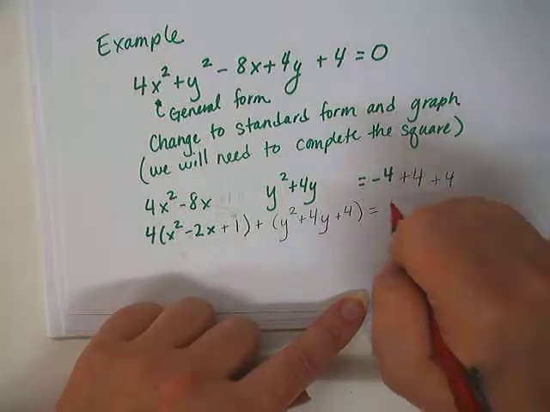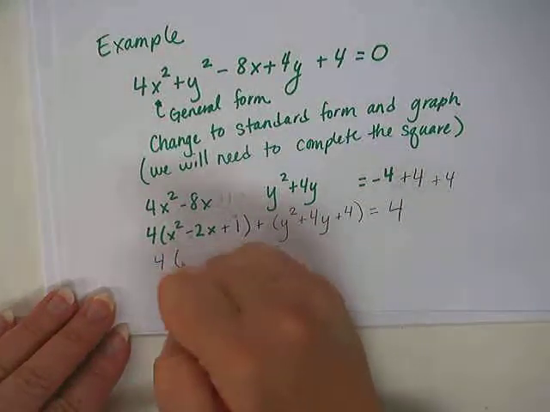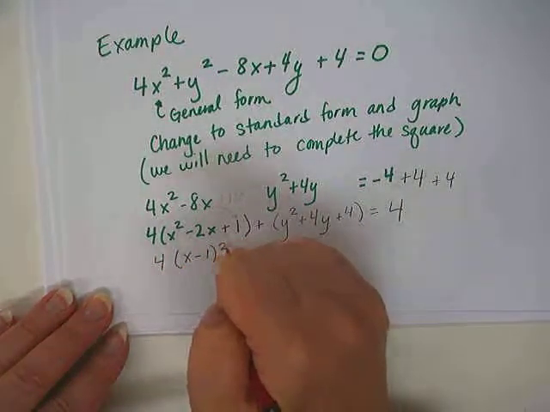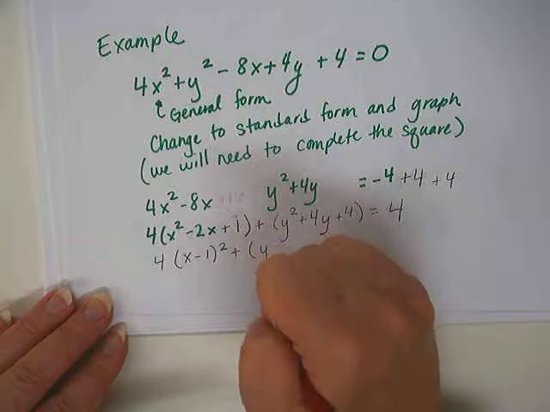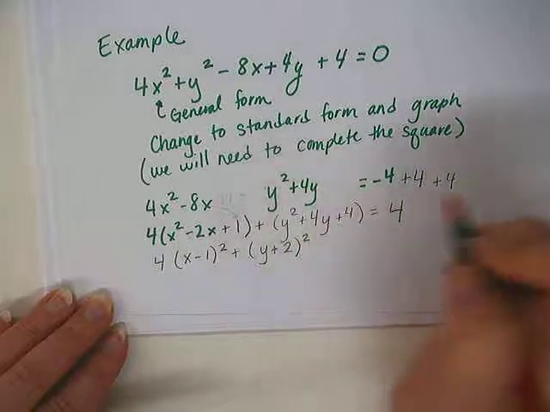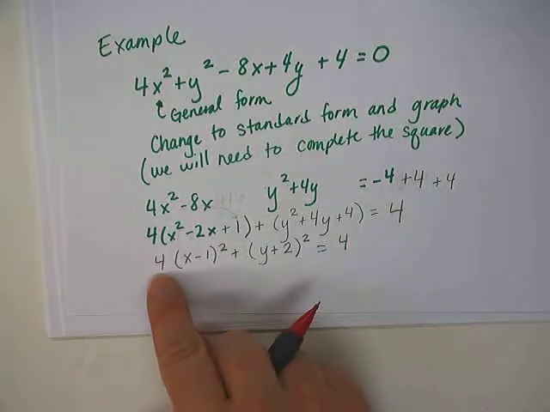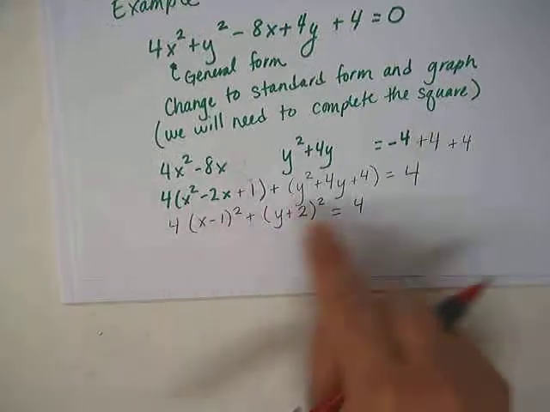We added a 4 to this, so we add a 4 there. So our total, negative 4 plus 4 plus 4, is 4. Okay, now we can factor these. 4 times x minus 1 quantity squared plus y plus 2 quantity squared equals 4.